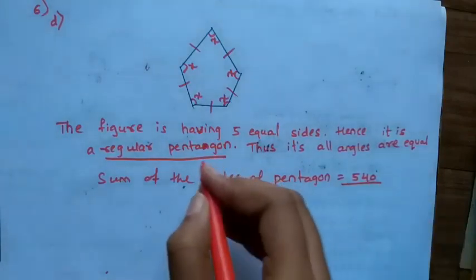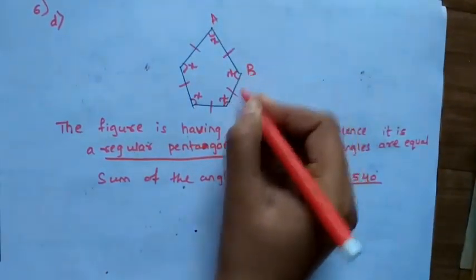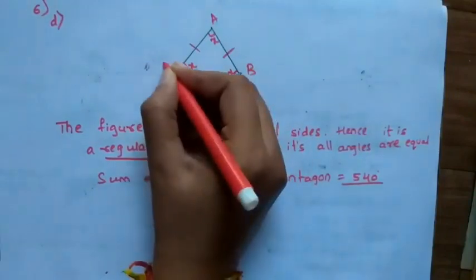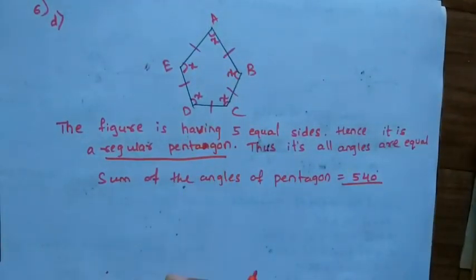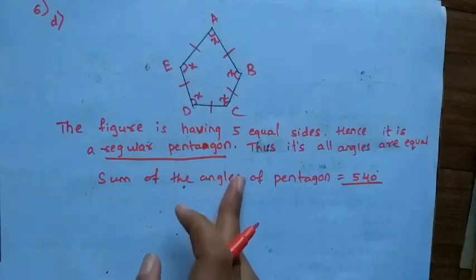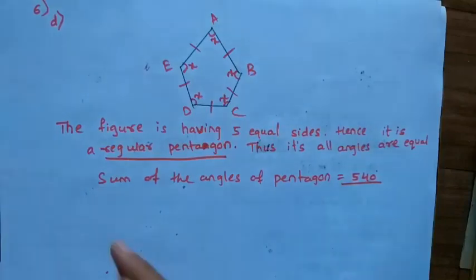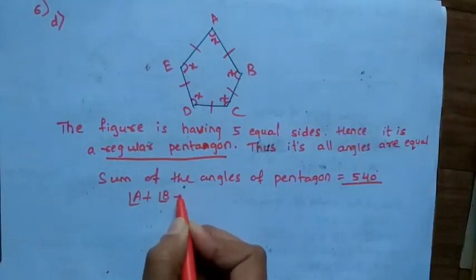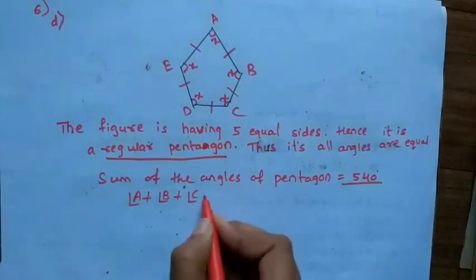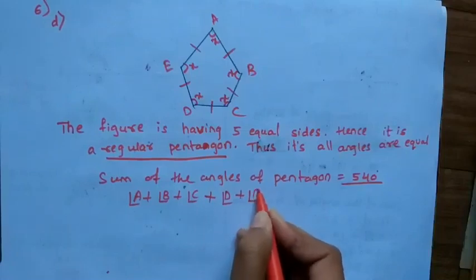So first we have to label the figure A, B, C, D, E. Here we have 5 vertices. So the sum of the 5 angles is equal to how much? 540 degrees. So right here, angle A plus angle B plus angle C plus angle D plus angle E is equal to 540 degrees.